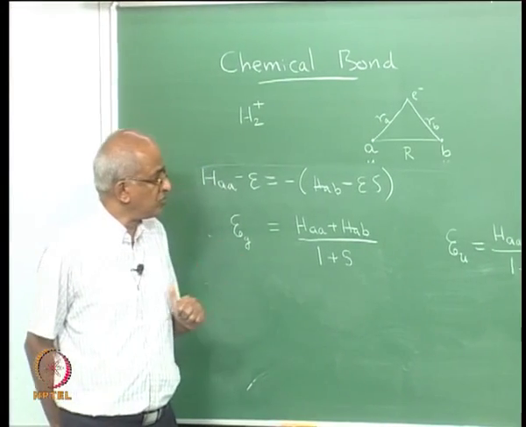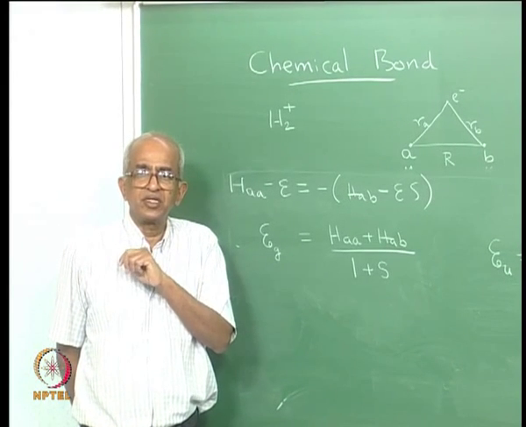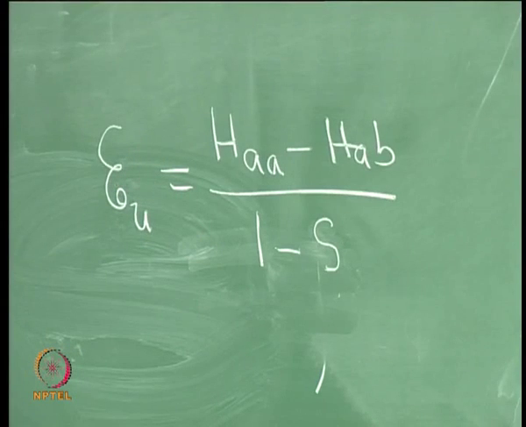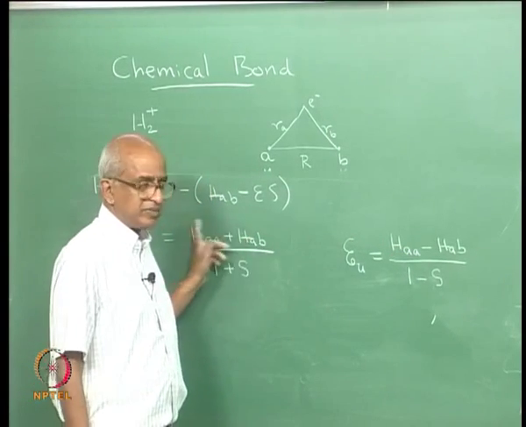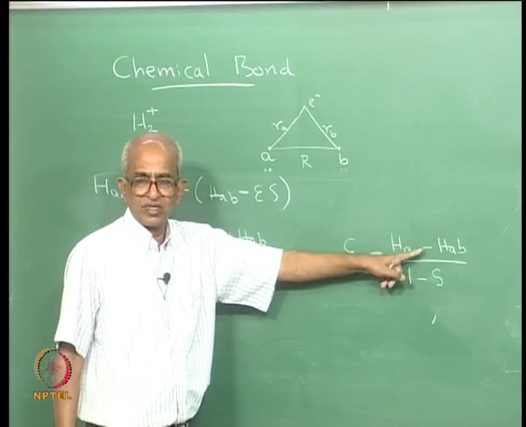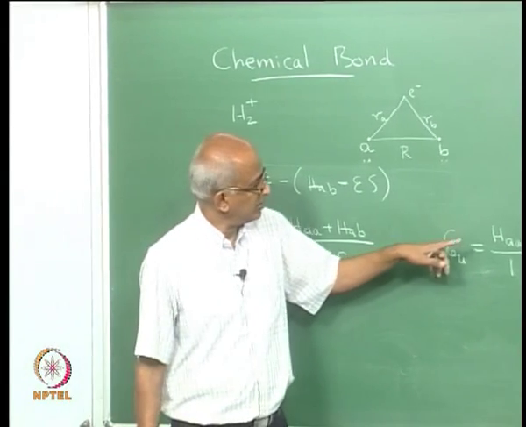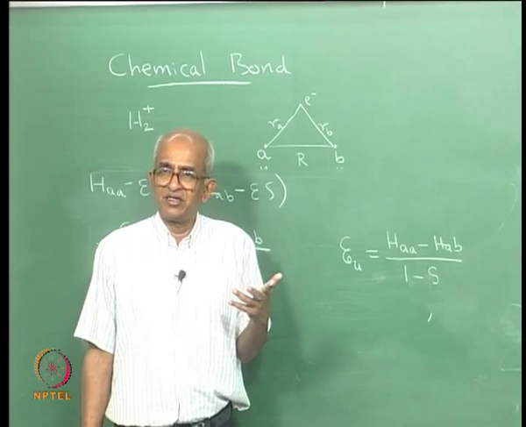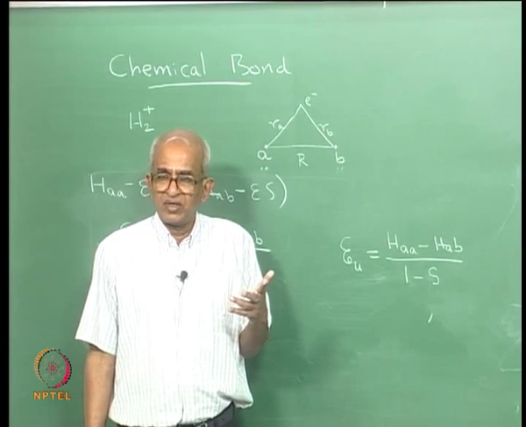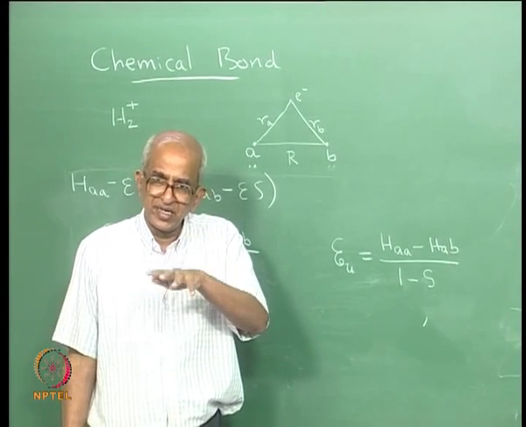And out of these two, which one would you expect is the best approximation for the ground state? Well, the way it is written, it would appear as if this is lower than that, because you see there is a negative sign here and you would expect that this is lower, but in actuality what happens is that all these quantities H A A, H A B, they are all negative, which is not surprising, because if you think of the energy of the hydrogen atom, it is actually minus 13.6.